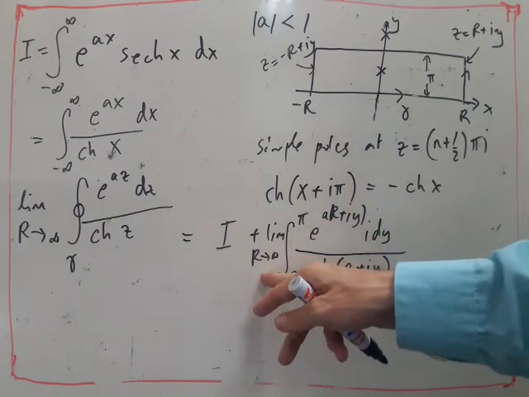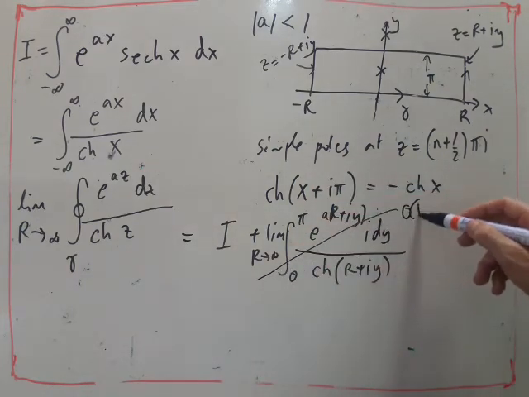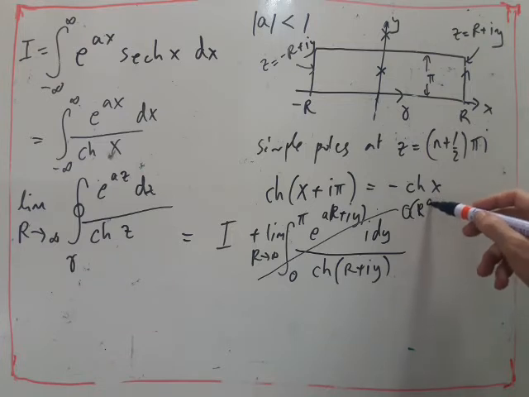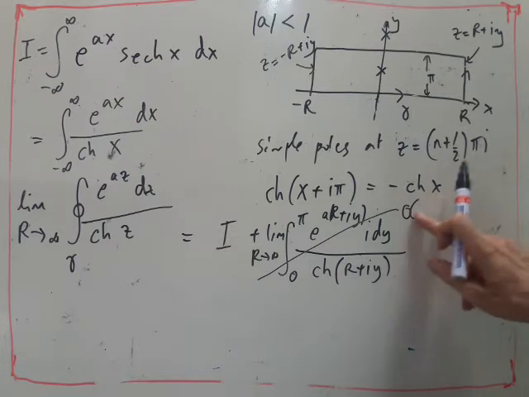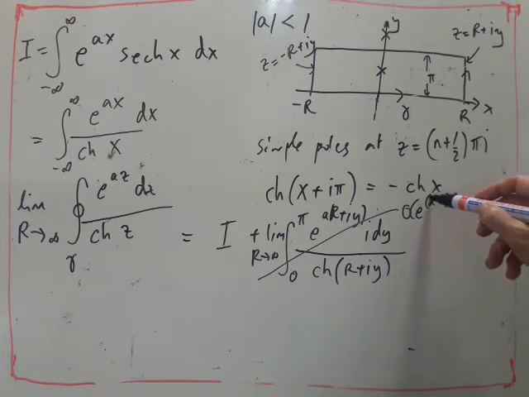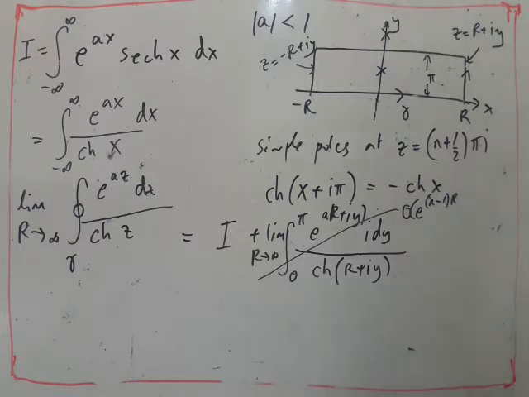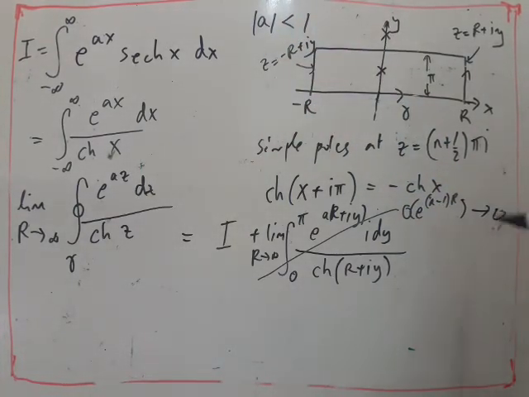And as r goes to infinity, this overall will tend to e to the (a minus 1)r. So we're safe as long as a is less than 1. This will tend to 0.